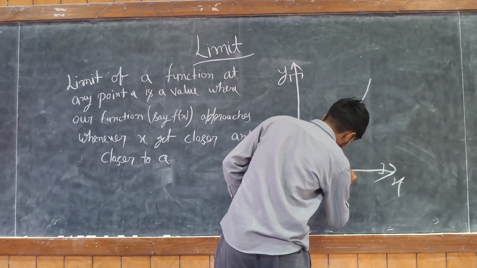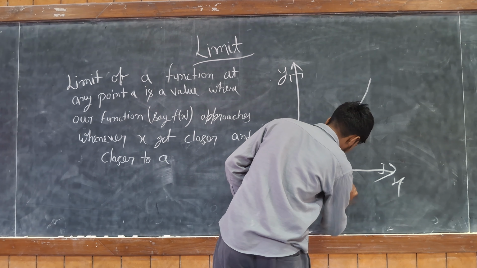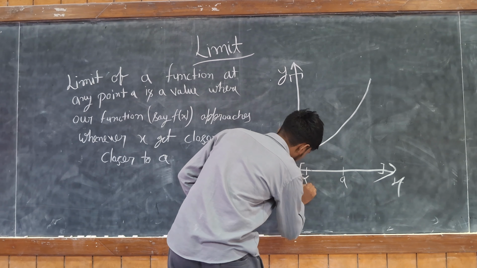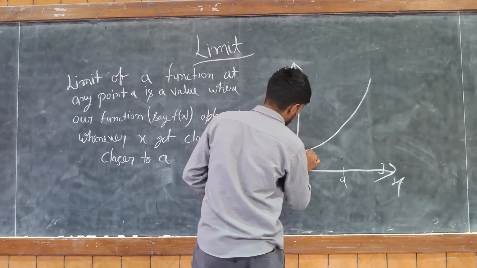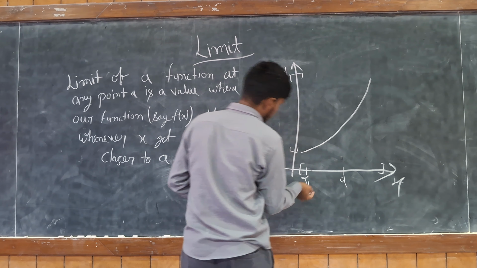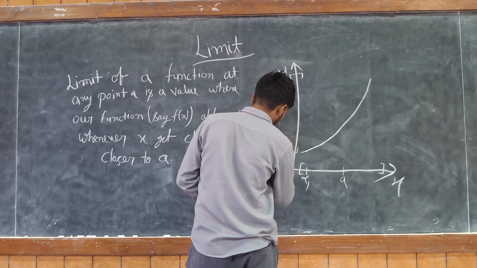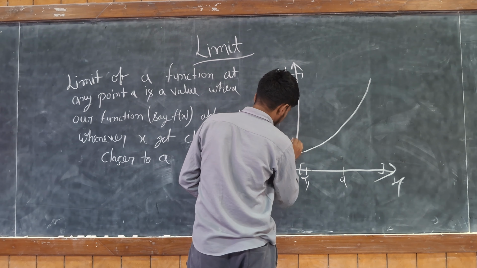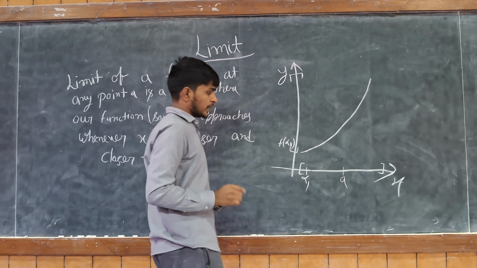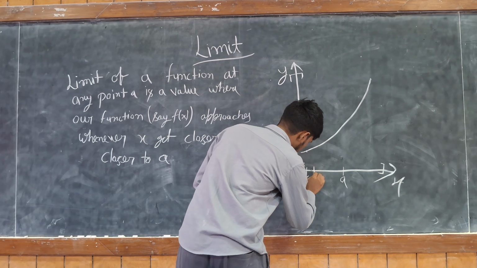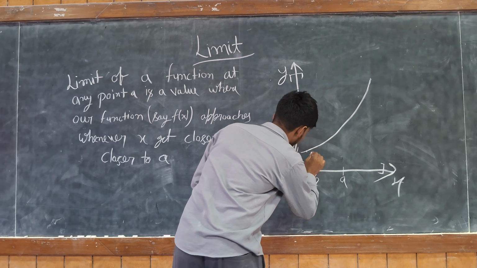Let's say we want to evaluate the limit at point A. Let's take a point alpha 1 from the left hand side, and we can see that the value of the function at point alpha 1 is f of alpha 1. Now x approaches towards A from left. Let's take point alpha 2.